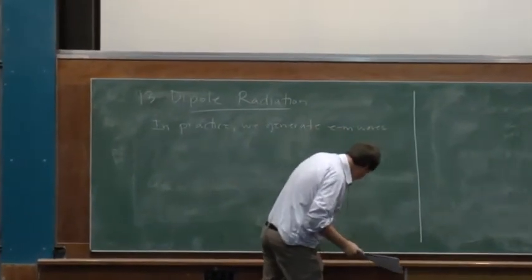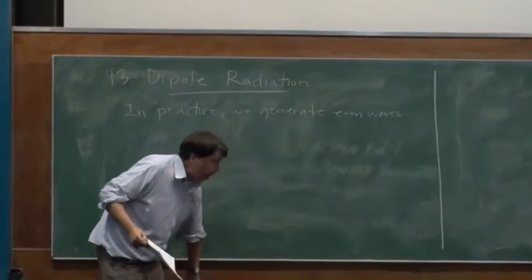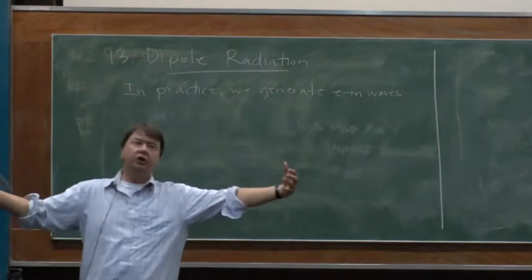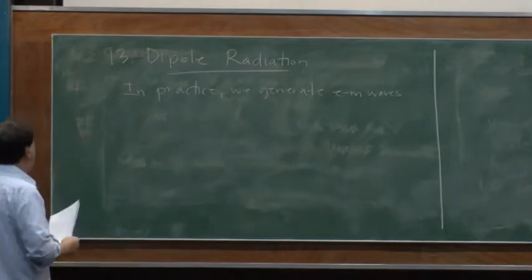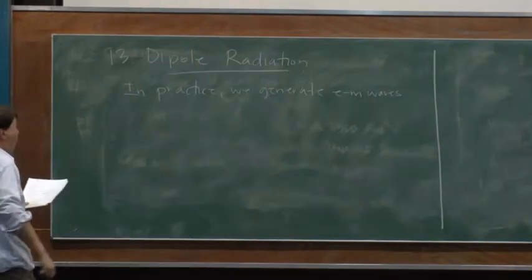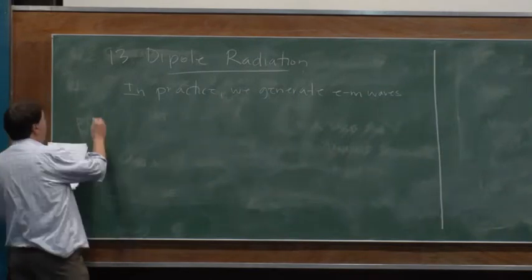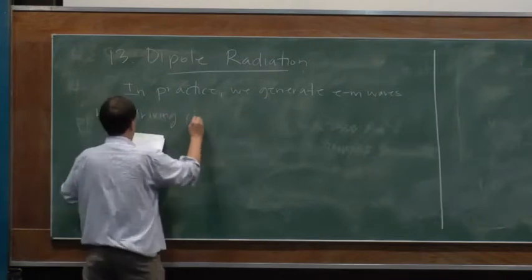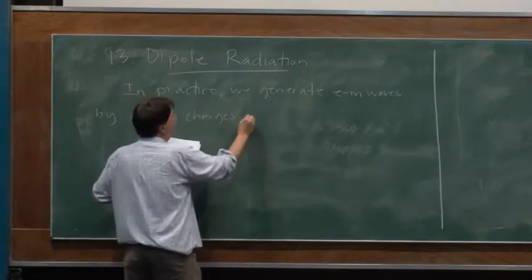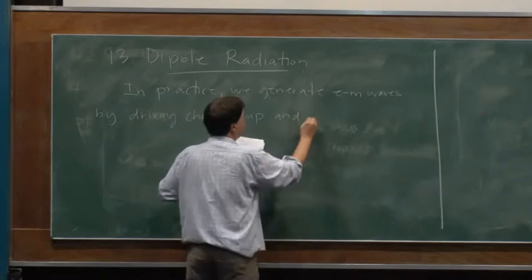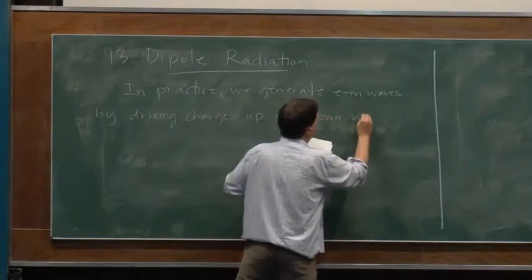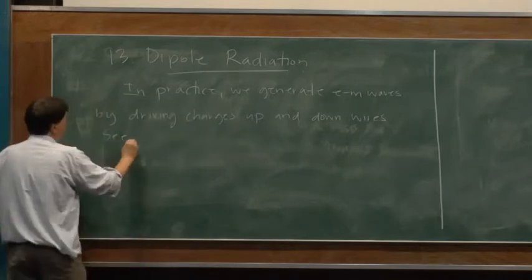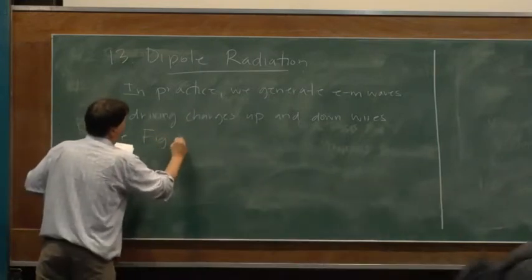Obviously, when you see a TV antenna or a radio antenna, it's not a great sheet of metal, it's a clever arrangement of wires, but we generate EM waves by driving charges up and down wires. And this, of course, is illustrated in figure 57 of the course handout.